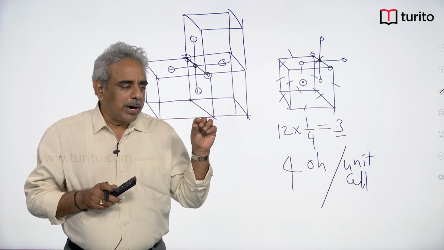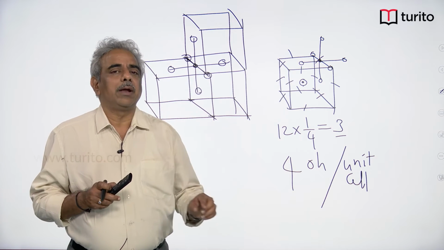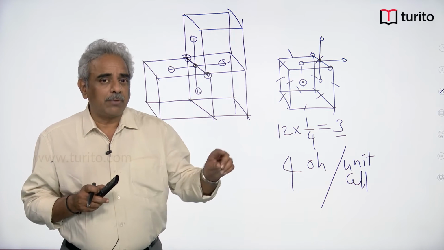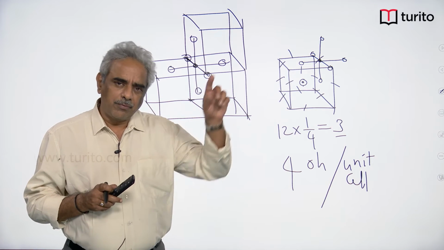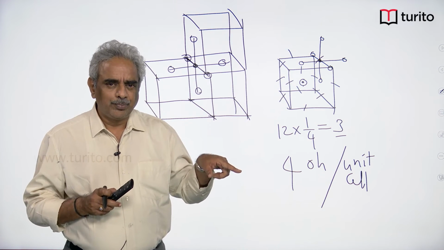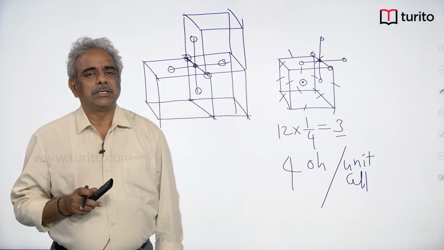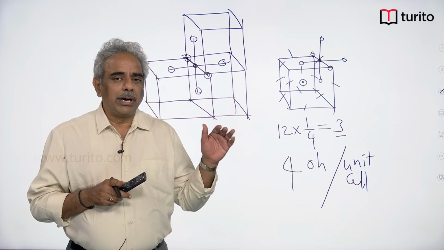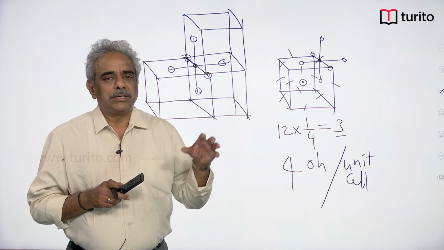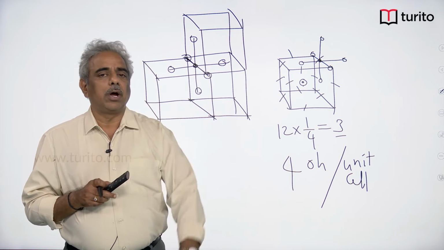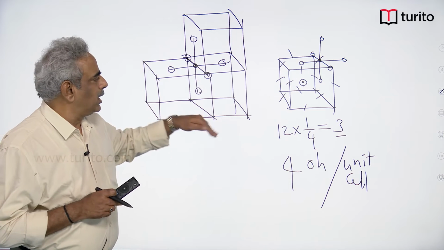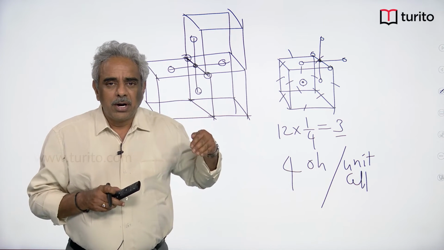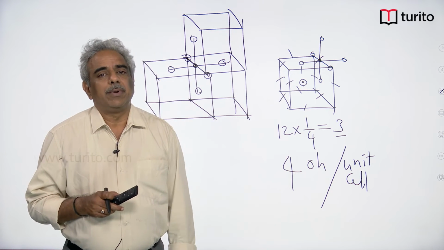A tetrahedral void is approximately located from every corner of the unit cell at 1/4 distance on the body diagonal, and as a result you will find 8 tetrahedral voids completely present within the unit cell. Tetrahedral voids are not shared between unit cells.